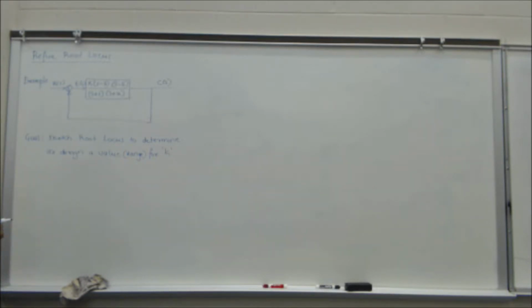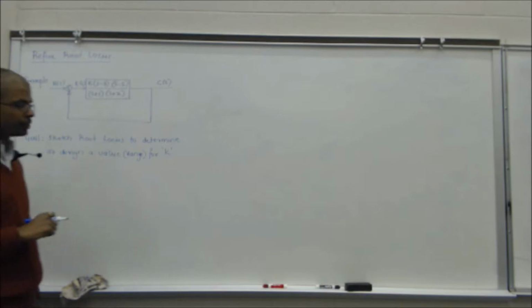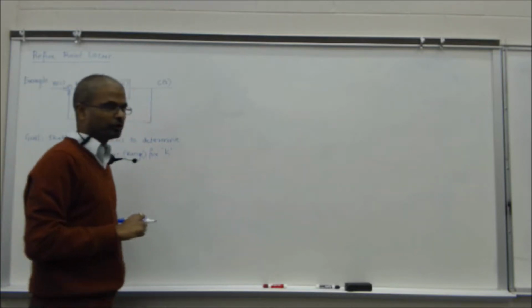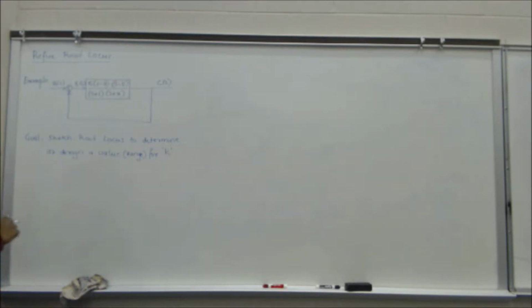So you're given the system and you're required to suggest a value for k. As a design engineer, you're required to suggest a value for k. So how do you go about doing that?